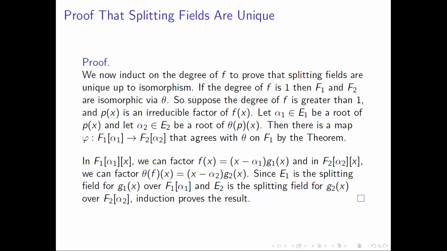And so the x minus alpha 1 piece of that polynomial is mapping to the x minus alpha 2 of the other piece, and that forces g1 to get mapped to g2 under the map phi. Once all that's established, you can see that we satisfy what we need to satisfy for induction, and induction finishes the result. And that concludes the proof of the corollary and allows us to conclude that splitting fields are unique.